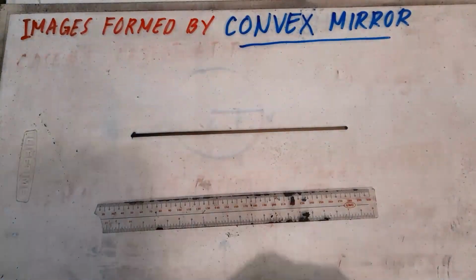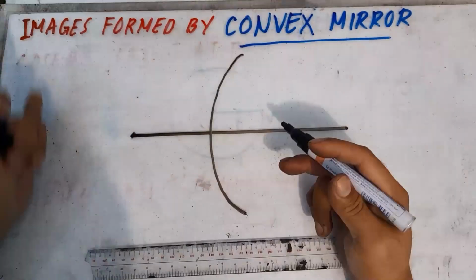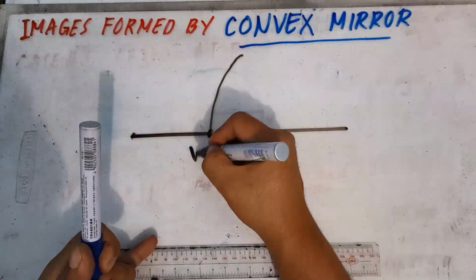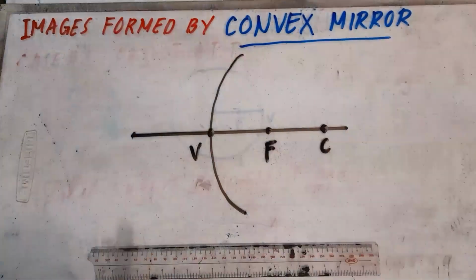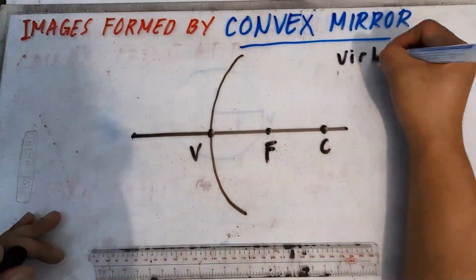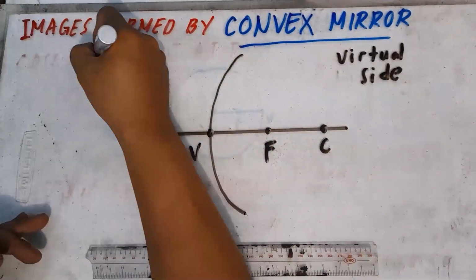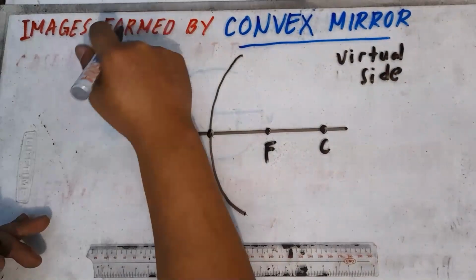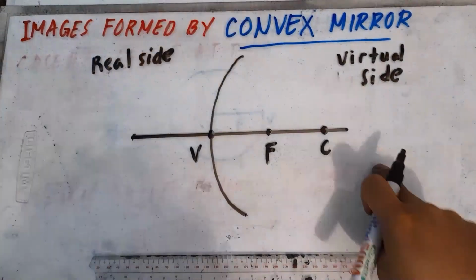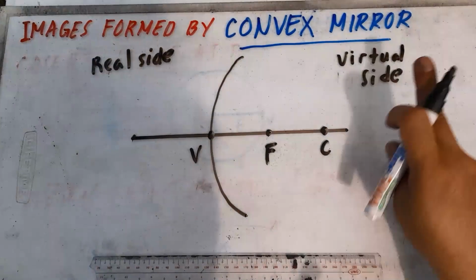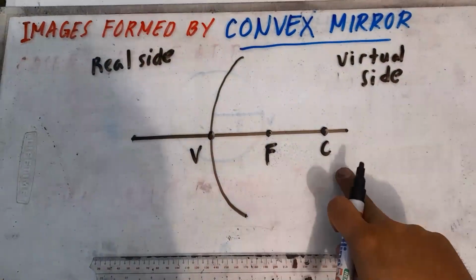This is our convex mirror, this is our real side, this is our vertex, center, and the focus. Now, this is our virtual side, and this is our real side. Since the focus and the center are in the virtual side, we call them a virtual focus and a virtual center.